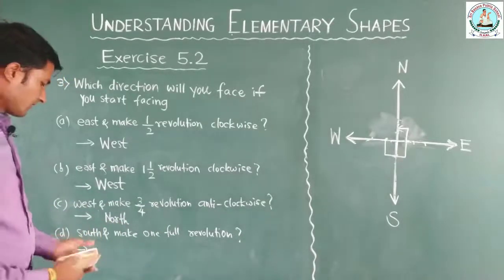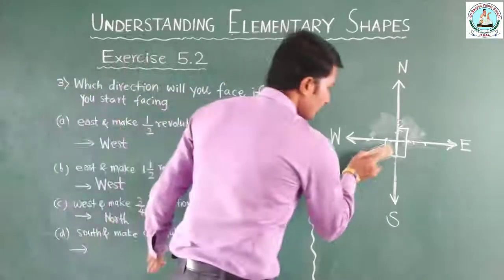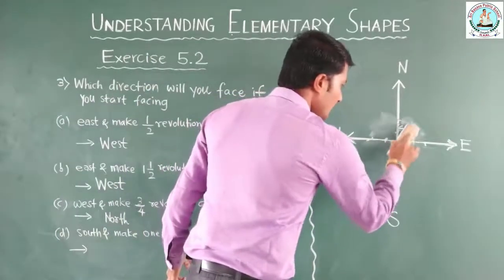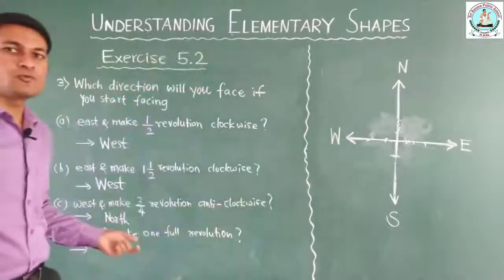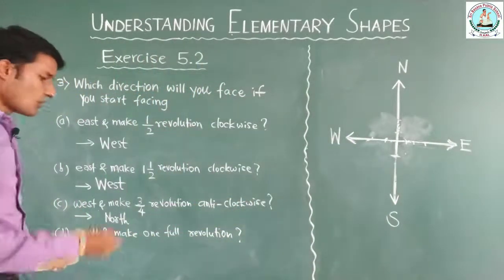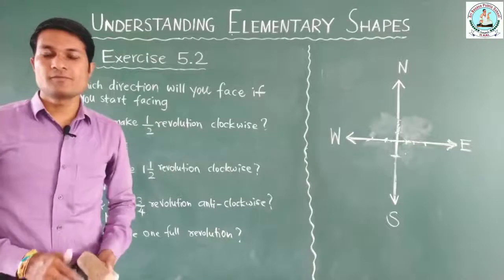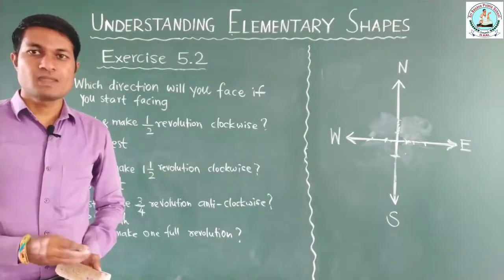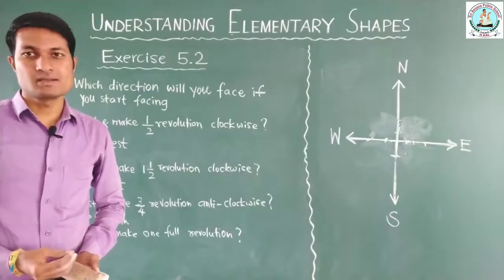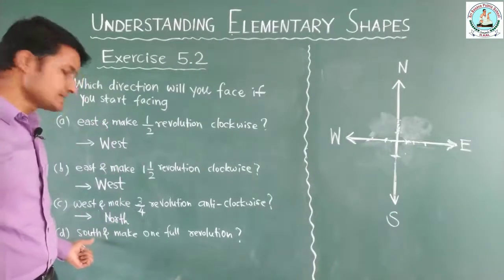Now right now you are facing south. And if you make 1 full revolution, then in which direction will you be facing? So always remember that whenever you make a full revolution, then you will end up at the same point where you started. So right now you are facing towards south.